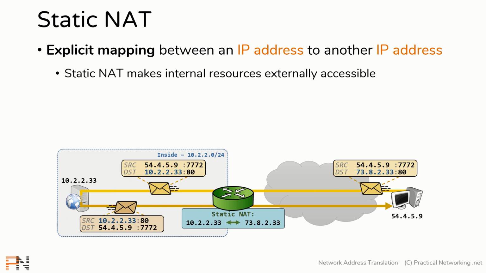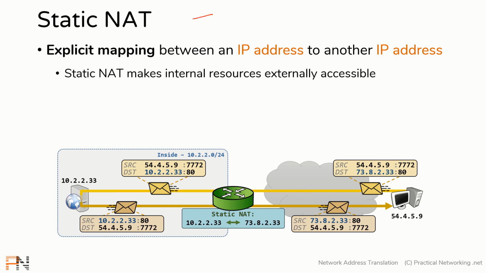On the way out, when this packet crosses my router, the router will detect the IP address in the static NAT configuration. It'll therefore translate that source IP address to this IP address according to the configuration. Notice again, only the IP address information was modified, hence again confirming that this is indeed a NAT. So that is the basic operation of a static NAT. Again, it's an explicit mapping between one IP address to another IP address.